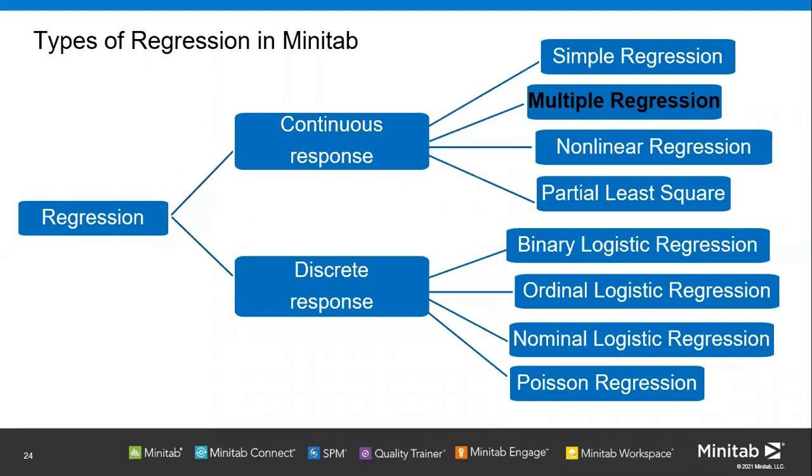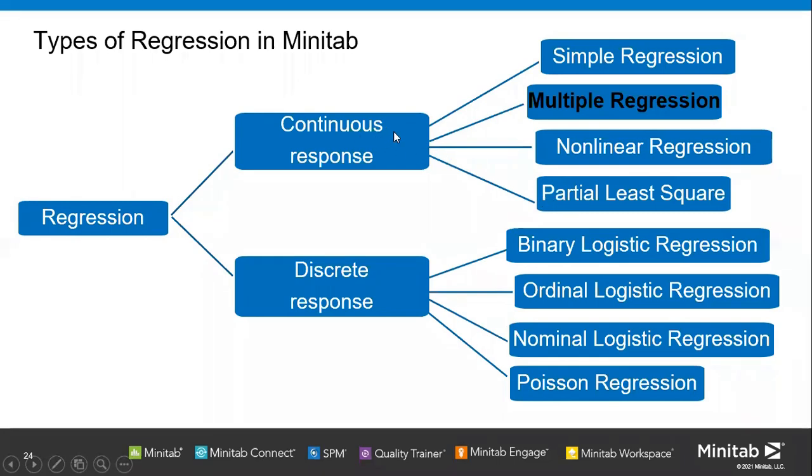But inside regression, we have a lot of types of regression. The type of regression depends on our response, our y. If your y is continuous, you can go for simple regression, multiple regression, non-linear regression, or partial least squares.